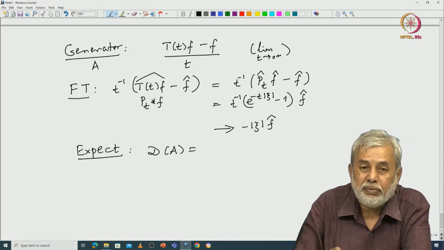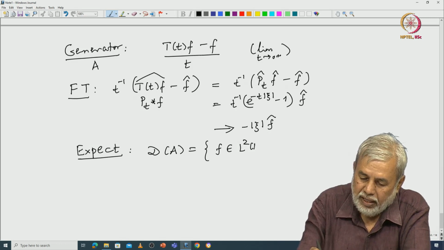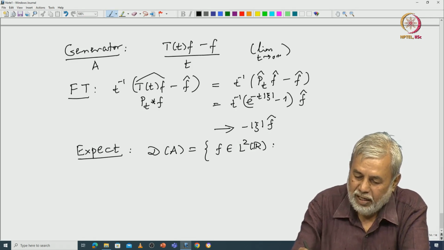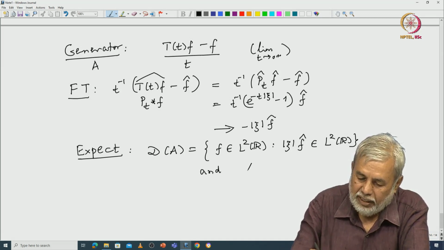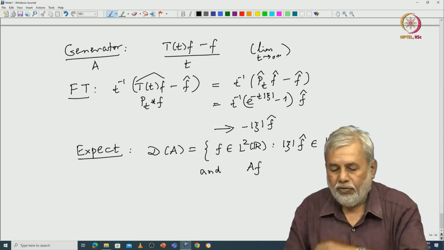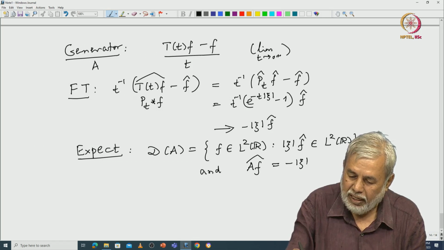Now everything is in terms of the Fourier transform. So, this f is in L2 of R, not R^n, and mod xi f hat is also in L2. Right. And the form of A f, again in terms of the Fourier transform, we just get minus mod xi f hat of xi.